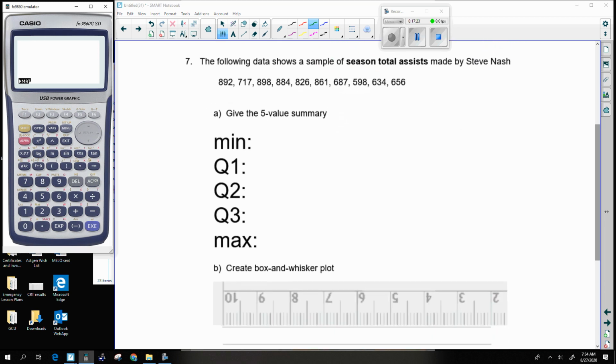Okay, here we are to make a box and whiskers and a 5-value summary. So what we need to do is do this old school style, and we need these numbers in order. So that's where I begin. I'm going to put these numbers in order just like I have some of those other problems.